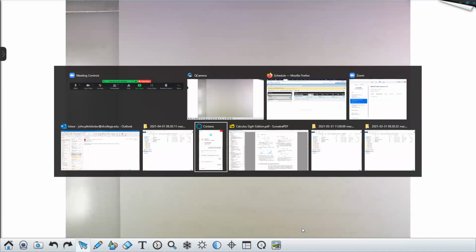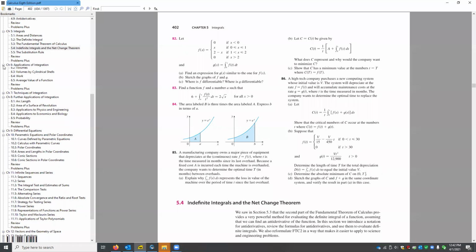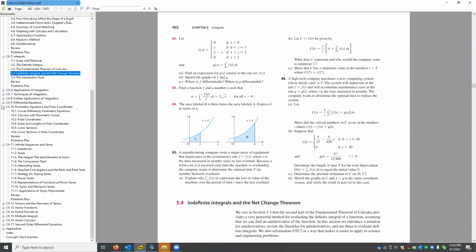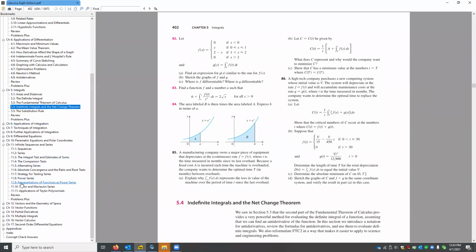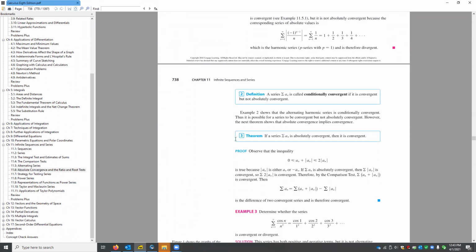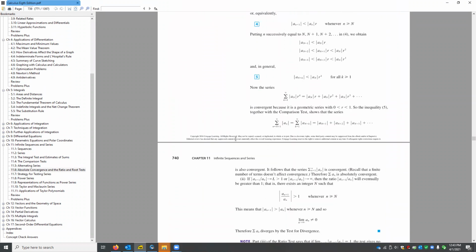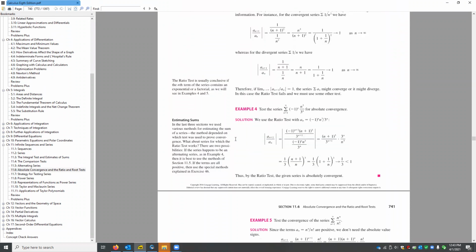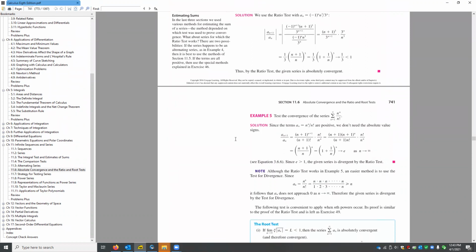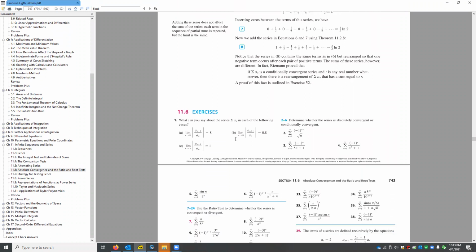Let's look at some root and ratio test problems. So we did get to see a handful of these the other day. But I think it would be nice to get a little bit of practice with some of the harder ones, some of those factorial-like things.